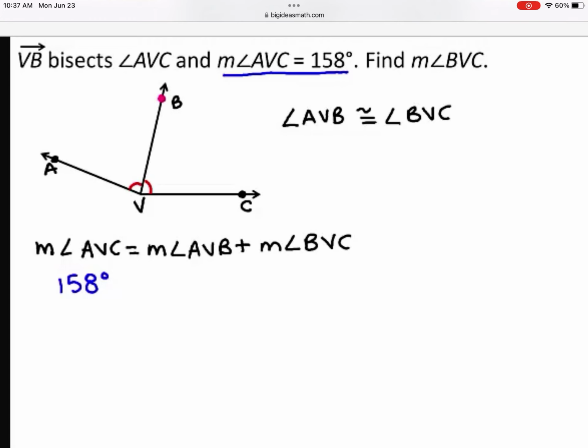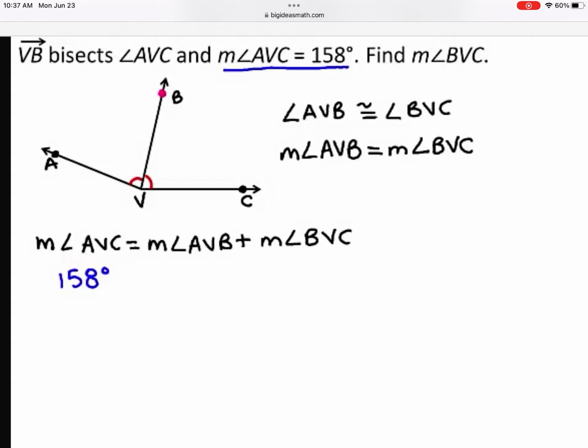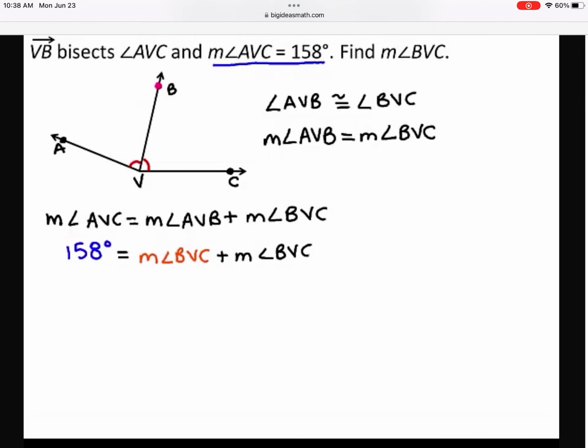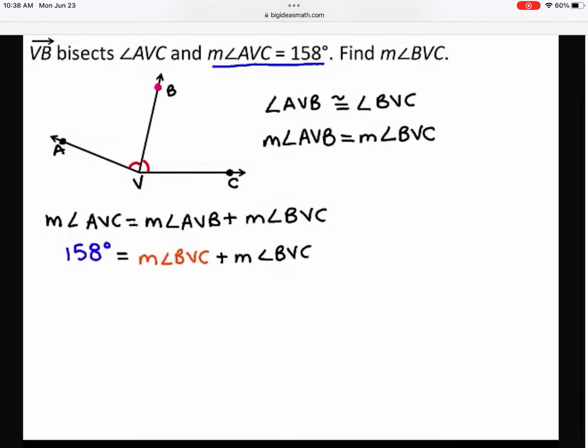Also, because angle AVB is congruent to angle BVC, the measure of angle AVB equals the measure of angle BVC. So you can substitute the measure of angle BVC in for the measure of angle AVB. Next, you can rewrite the right-hand side of the equation as 2 times the measure of angle BVC.